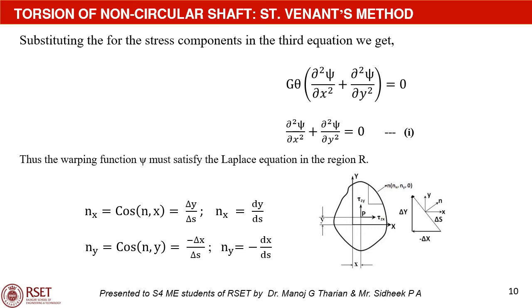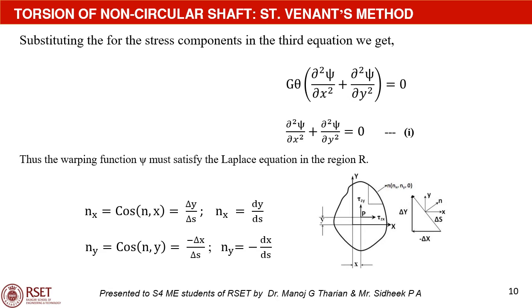We know that the direction cosine Nx is equal to the cosine of the angle between N and x. From the triangle, we get Nx is equal to delta y by delta S. When delta S is infinitesimally small, the direction cosine Nx is equal to dy by ds.